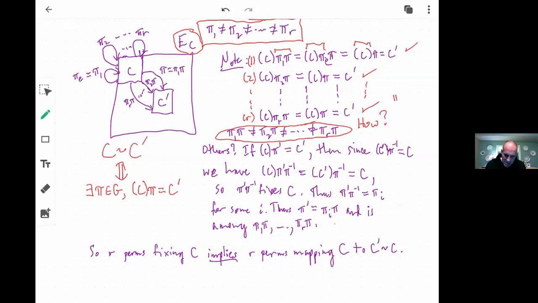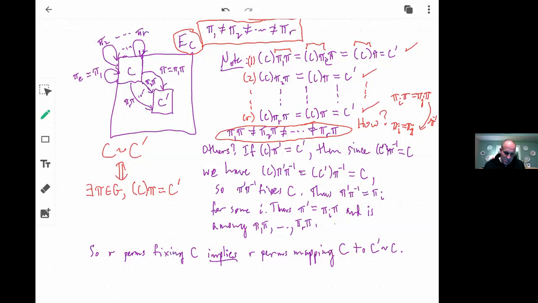If pi i pi were equal to pi j pi, then all I would have to do is operate pi inverse on the right. If I operate pi inverse on the right, that would mean that pi i was equal to pi j. So all of these have to be different.